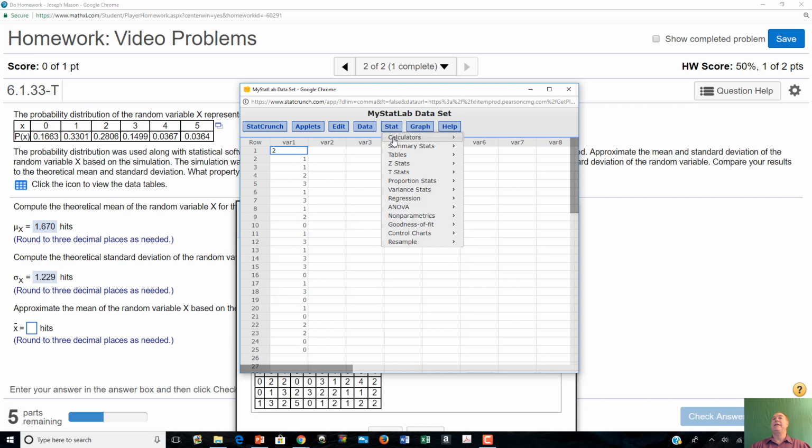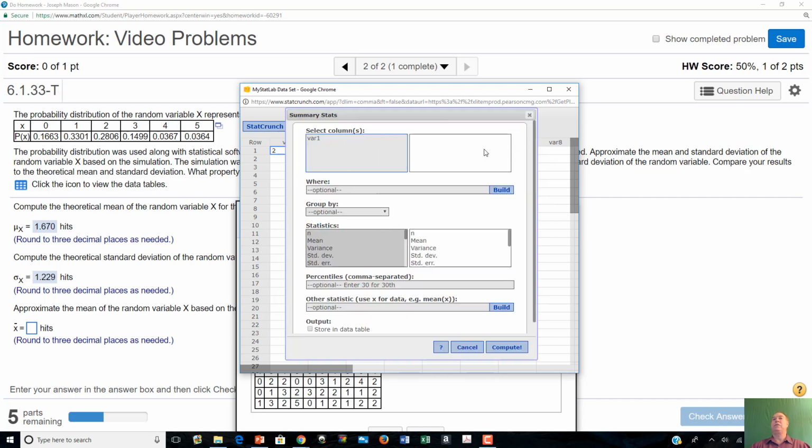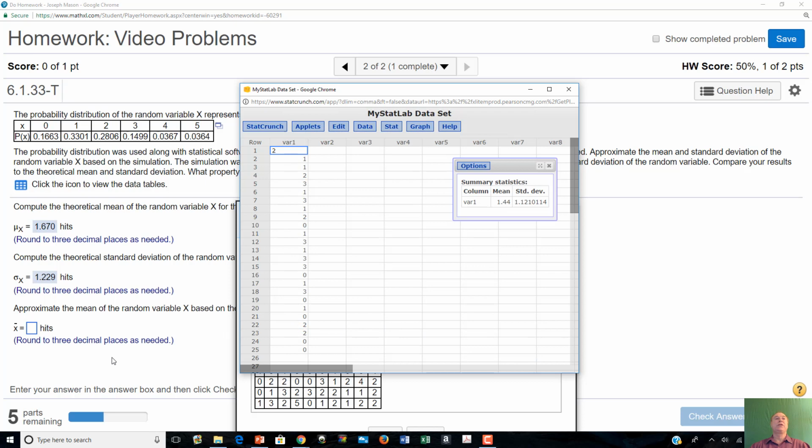If you recall, how do we find the mean and standard deviation for a list of data? Go under Stat, Summary Stats, Column. Click on the column we want, variable 1. I want the mean and I want the standard deviation. Hold the Control key down, get them both at once. Compute. Rounding to 3 decimal places, the mean is 1.44.